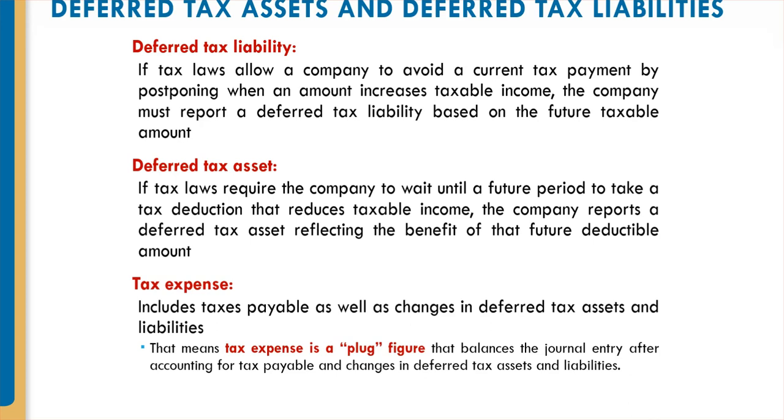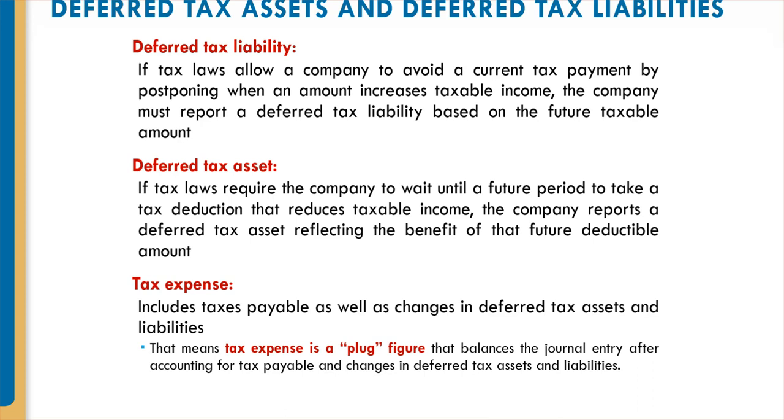Tax expense is another account we use today, and tax expense is going to show up on the income statement. You are very familiar with this because it'll say net income before tax, and then it'll have a line for tax, and then it'll be after-tax net income. So tax expense is a line that goes in between those two items before you get to net income.